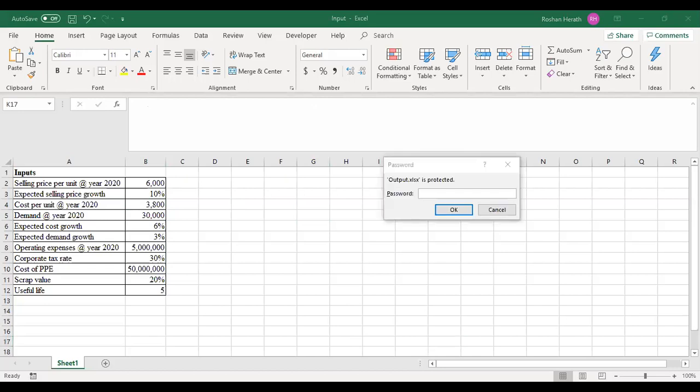Let's see. Password required. Share it, sir, we cannot see the screen.